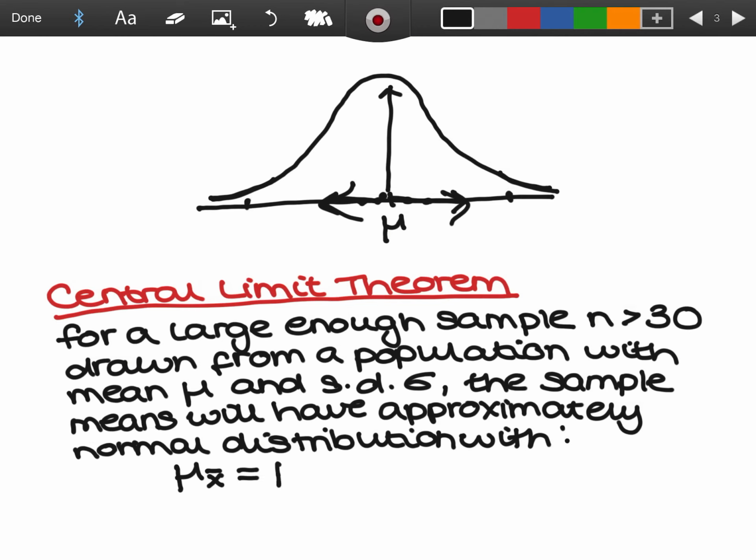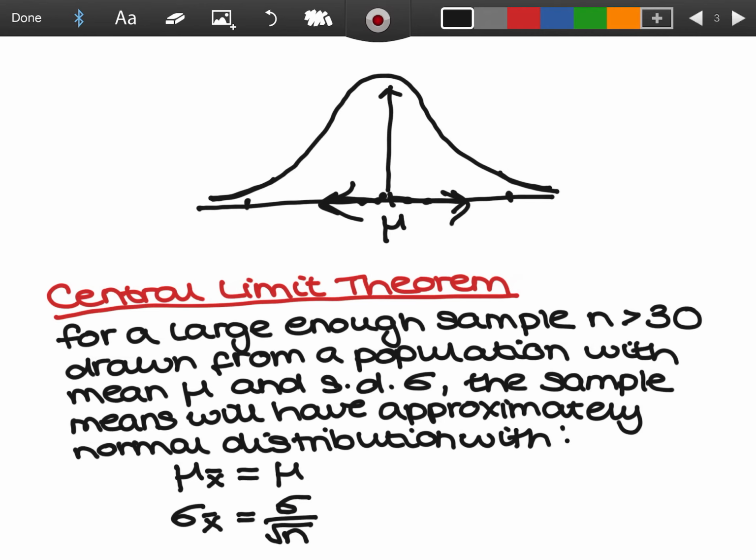So the mean of the sample means is just the population mean. And the standard deviation of the sample means is just the standard deviation of the data points divided by the square root of the sample size that I am taking each time I take a sample and take the mean of it.